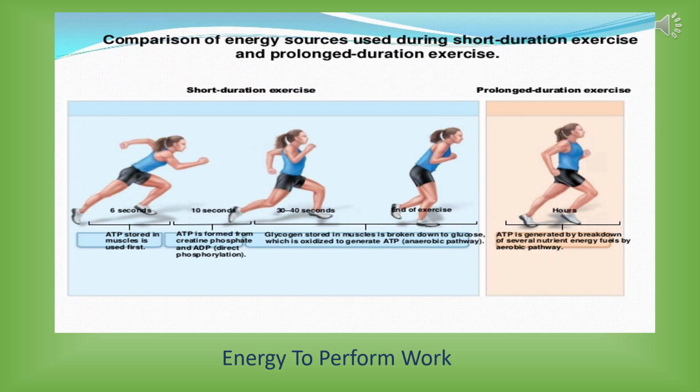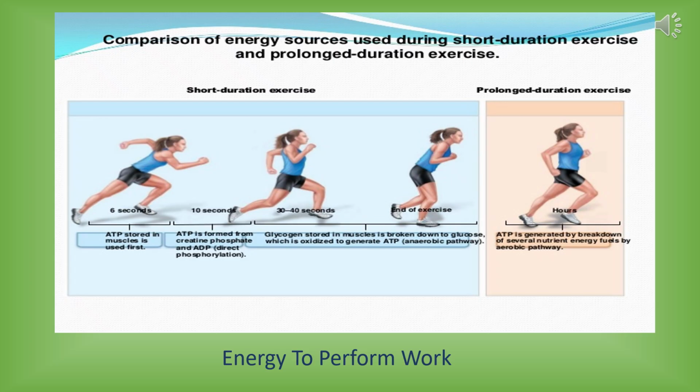Mission accomplished. We were able to make some ATP and therefore keep going. So that is called the phosphagen system, and it might be good for another 10 seconds of intense exercise. Well, we're going to have to go beyond that.